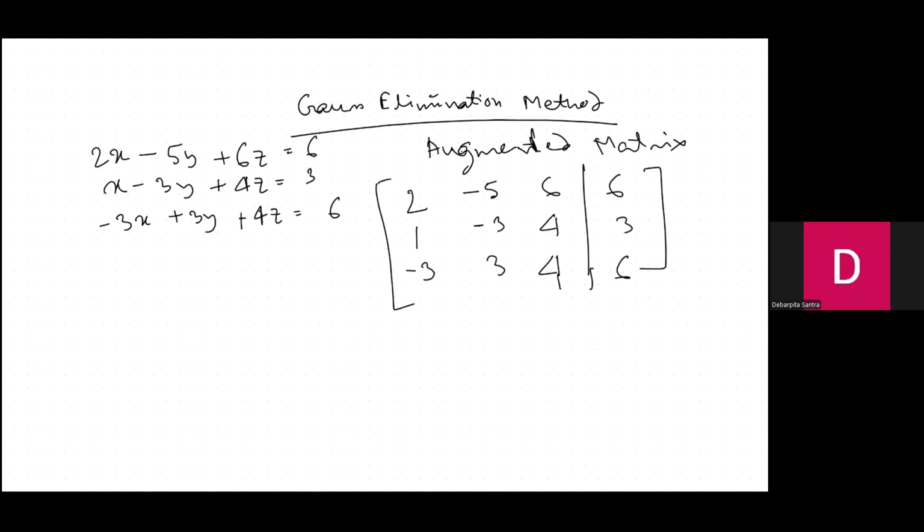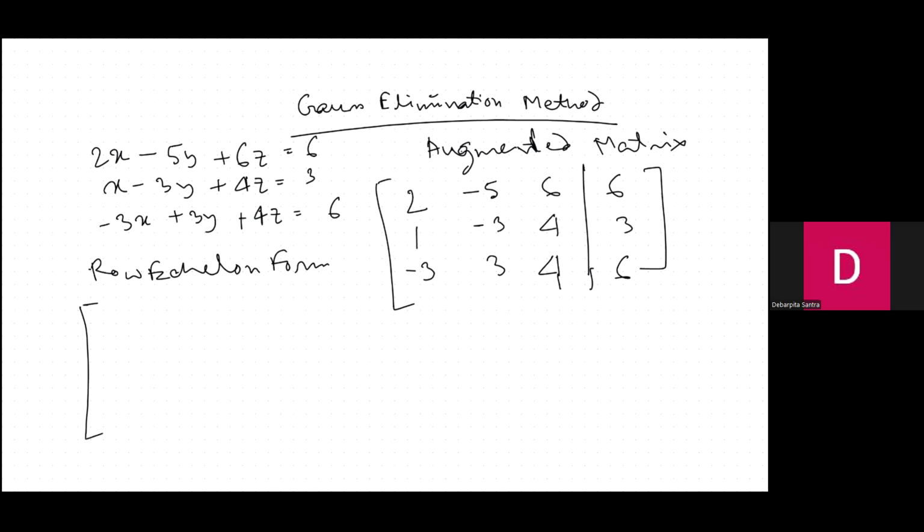So finally, as you have learned from the previous lecture, the ultimate goal of Gauss elimination method is to find the row echelon form. And how will you find the row echelon form? You will find it by applying the elementary row operations. So what is the row echelon form?